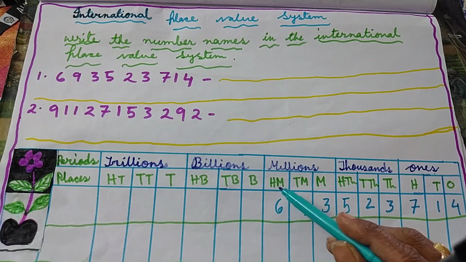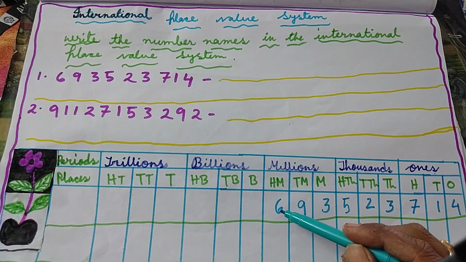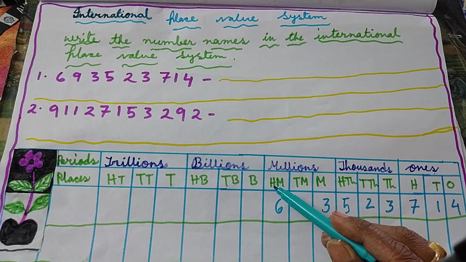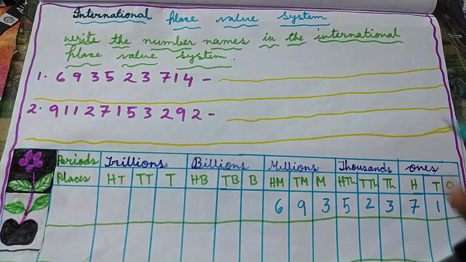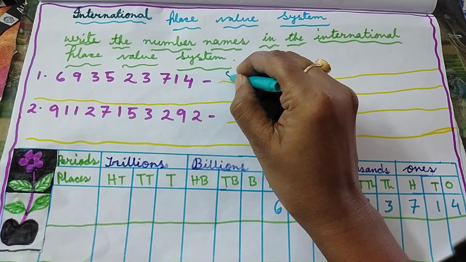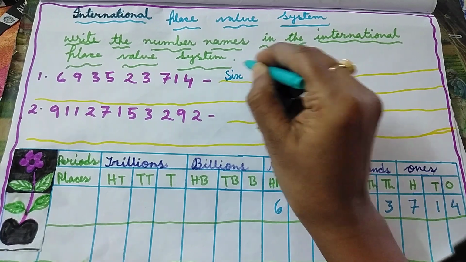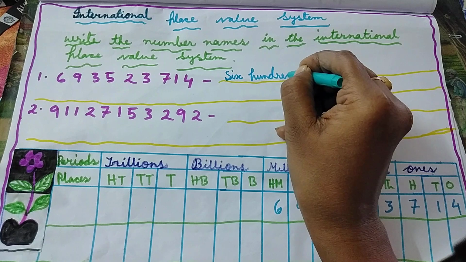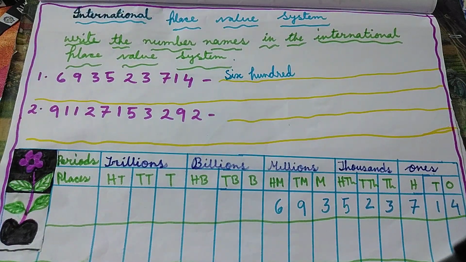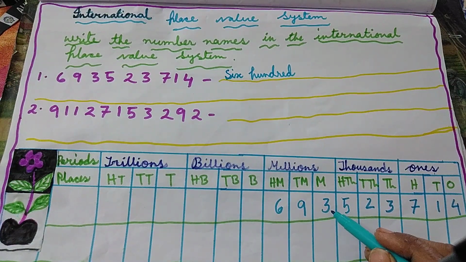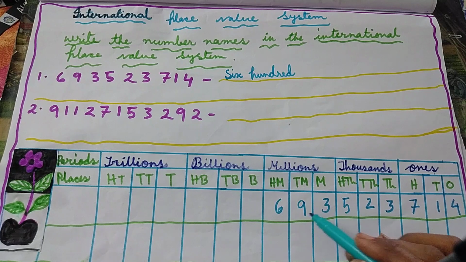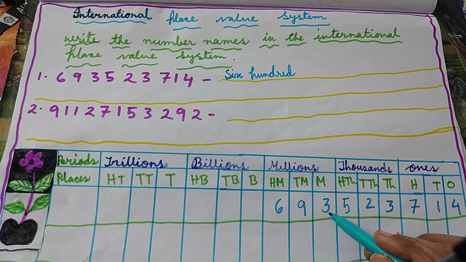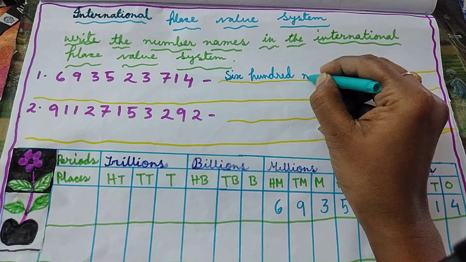So 600. Write 600 in words. 9 and 3 togetherly makes 93. Right? 93.